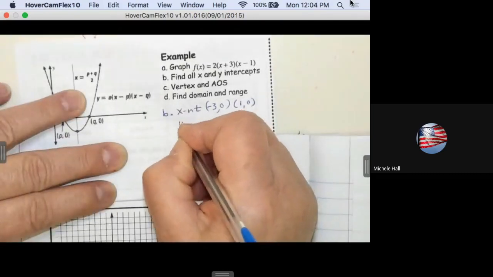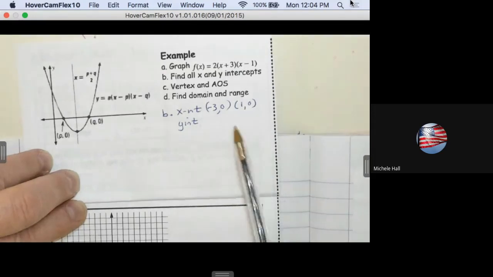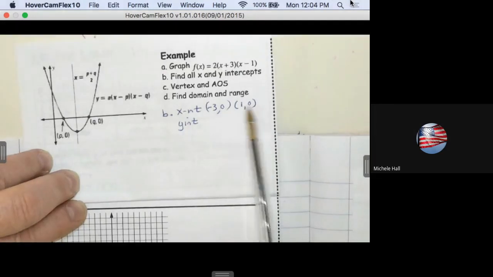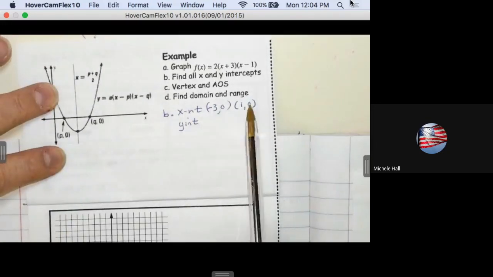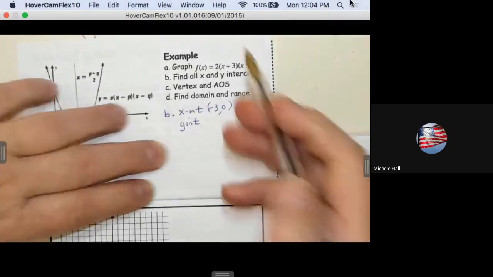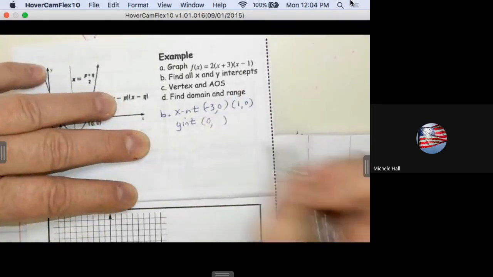How do I find the y-intercept? How do I always, no matter what function it is, find the y-intercept? X is 0. Whenever you're looking for a y, look at, here's my x-intercepts. What's y? 0. That's how you always find intercepts. If I'm looking for the x-intercept, y is 0. If I'm looking for the y-intercept, that means that x is going to be 0.